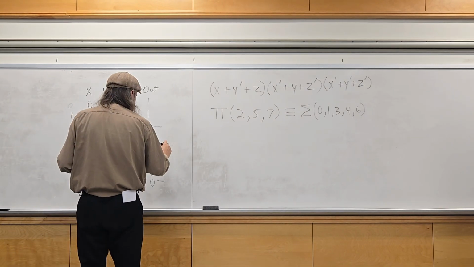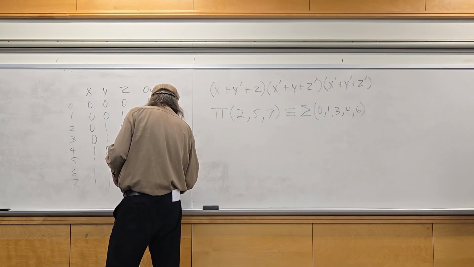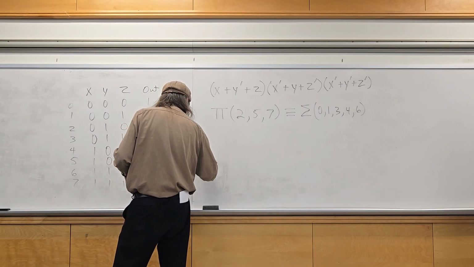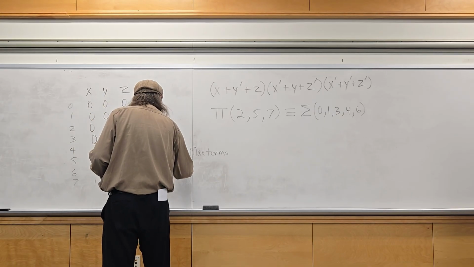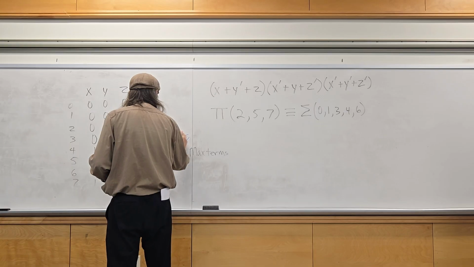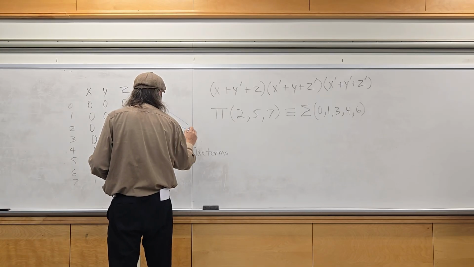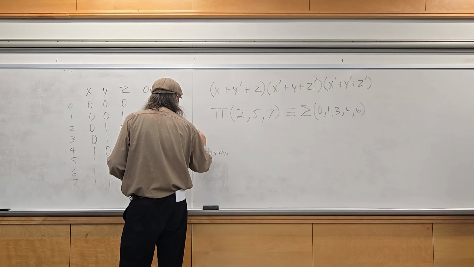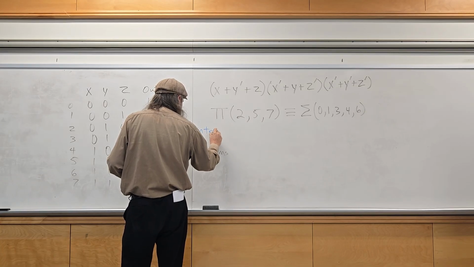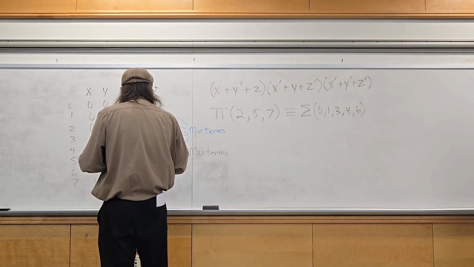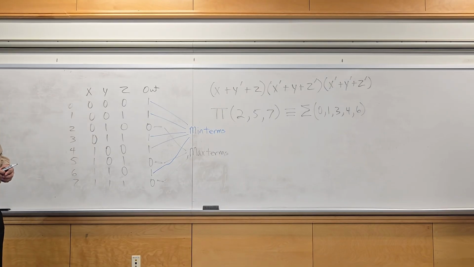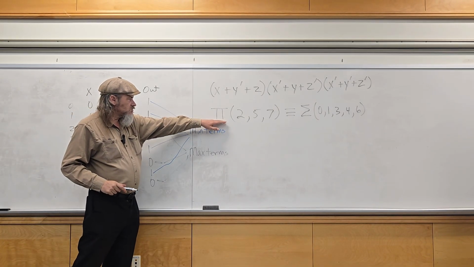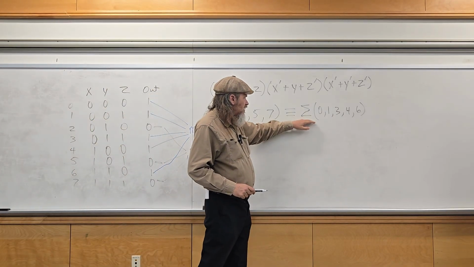So these are max terms. And these are minterms. So the shorthand notation is the product of sums here, or the sum of products here.